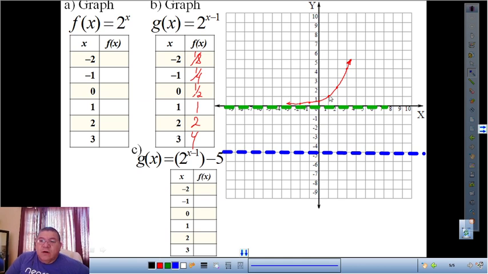This one is going to go 1, 2, 3, 4, 5. This one, 1, 2, 3, 4, 5. How about this half? Go half here, 1, 2, 3, 4, 5. And so on and so forth.